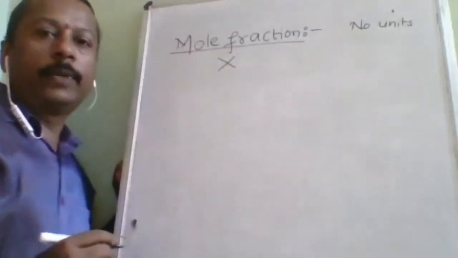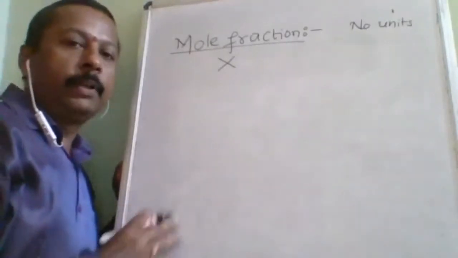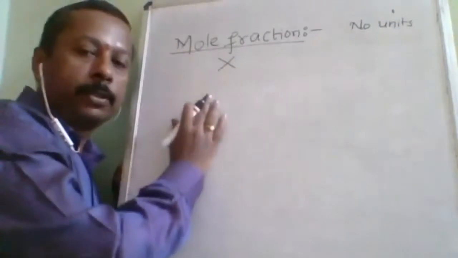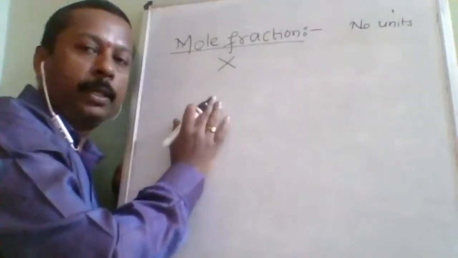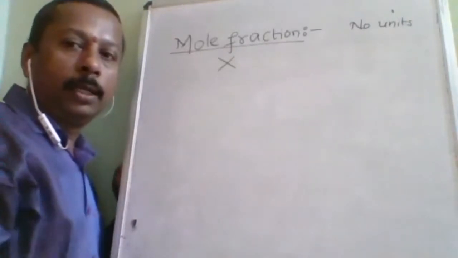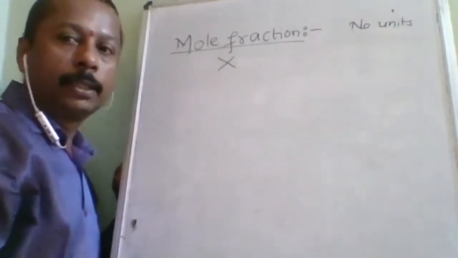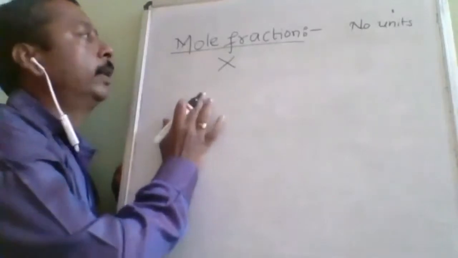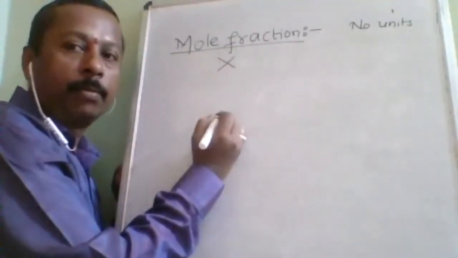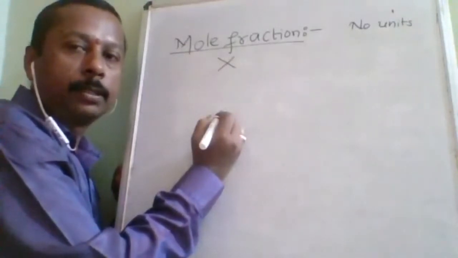Now, why is it introduced even after having molarity, molality, normality? What is the purpose of introducing this? All the previous units are applicable only for binary solutions.